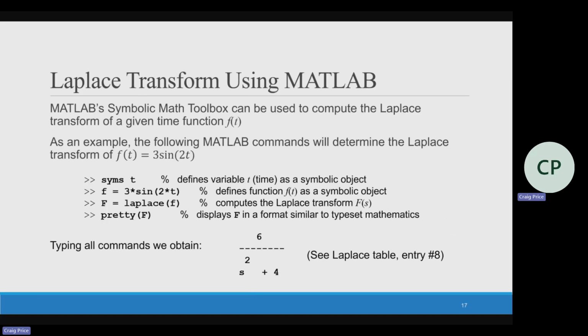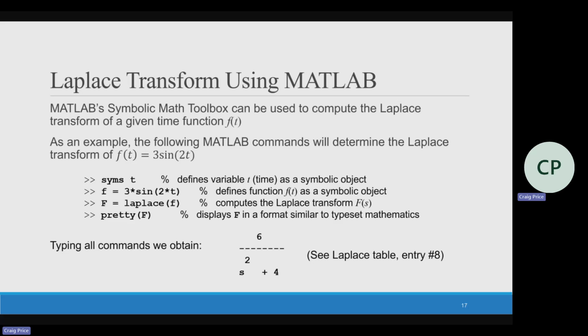So now that you've got your computers pulled up, hopefully you have the MATLAB code sheet, or you can just type this in. MATLAB can solve it. So when I'm in the time domain, we first have our symbolic t, then we create our function, then we want to do Laplace of that function. And this last line is not required, but what it will do is make it look like this.